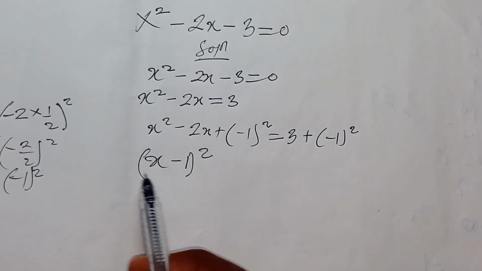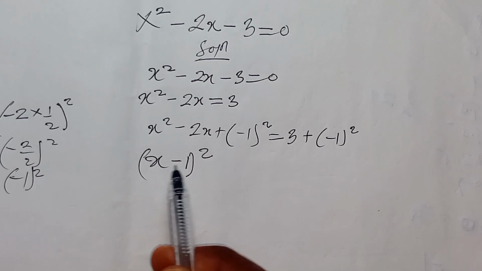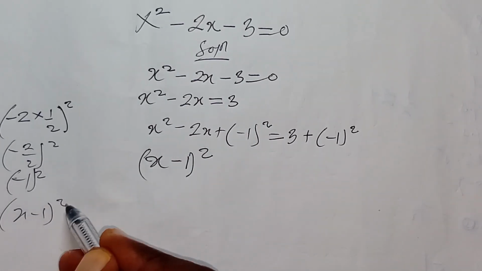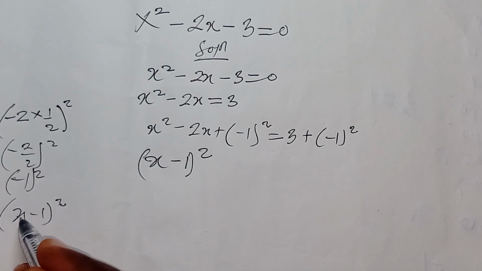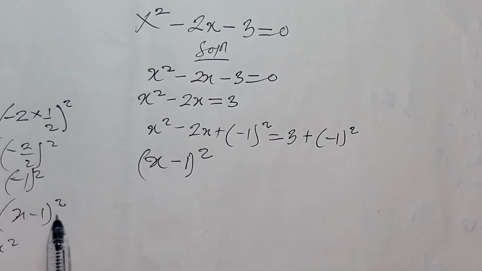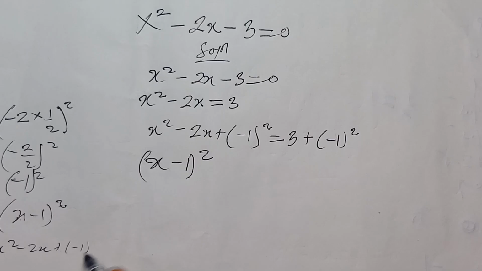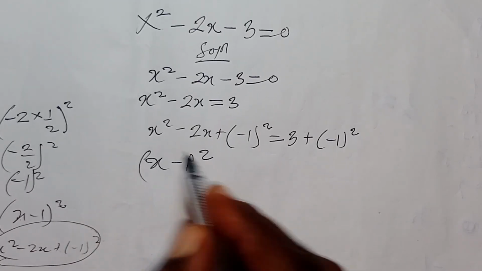Because when you expand this, we are going to get this. Let's go. x minus 1 all squared: x squared, then use these two to multiply, 2 times 1 times x, we have minus 2x. Then minus 1 squared, right? You see, it's still here.